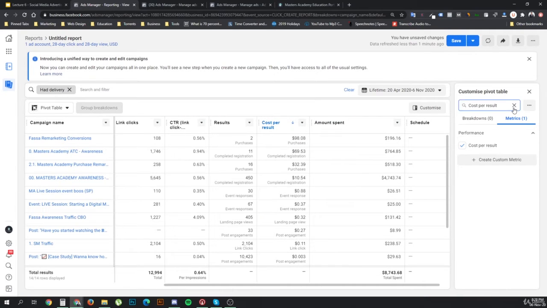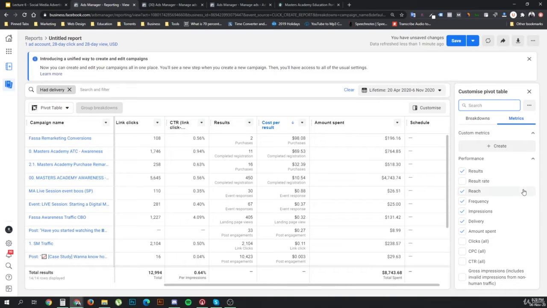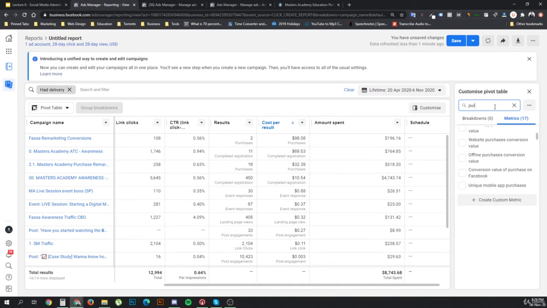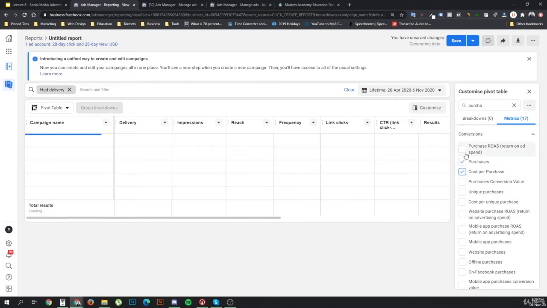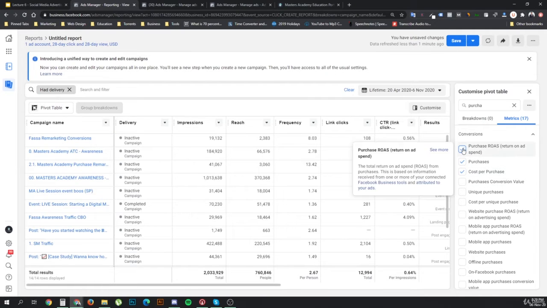We can also take a look maybe at the purchases. I didn't know that you had to scroll up to find it. So we want to add the purchases, cost per purchase, and the purchase return on ad spend. No, well, not the purchase return on ad spend.